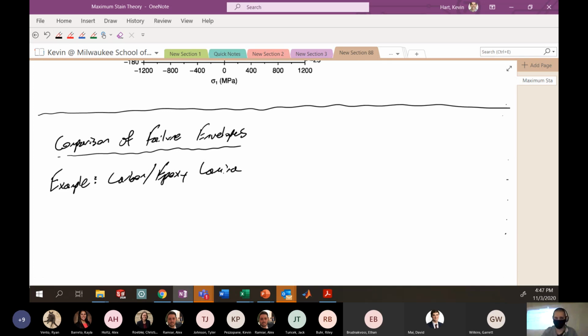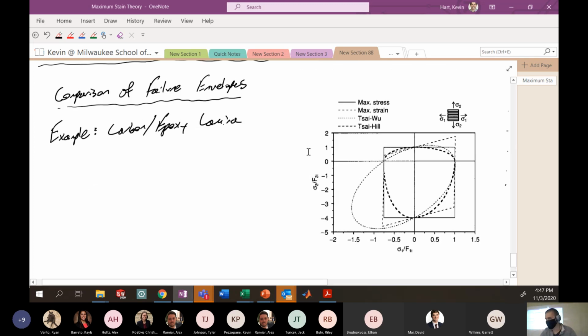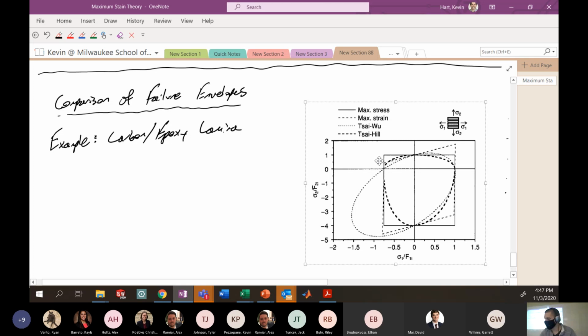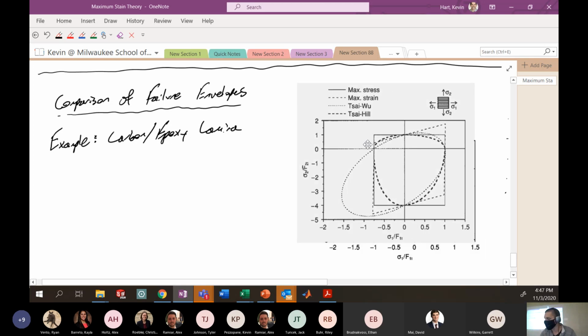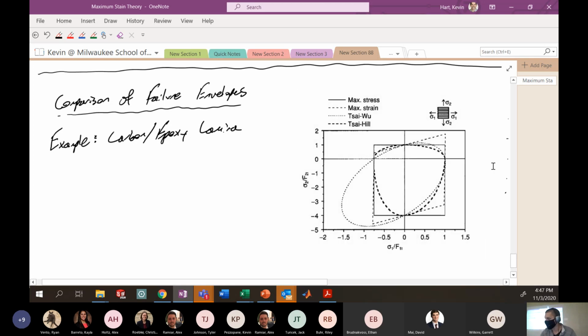I stole it. So this is from your notes. Okay. And so here we see the relative conservation of some of these theories.